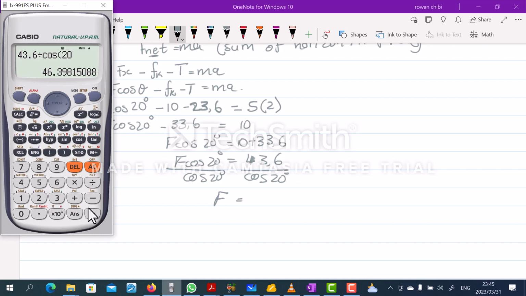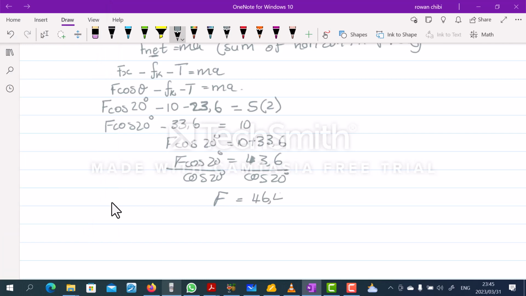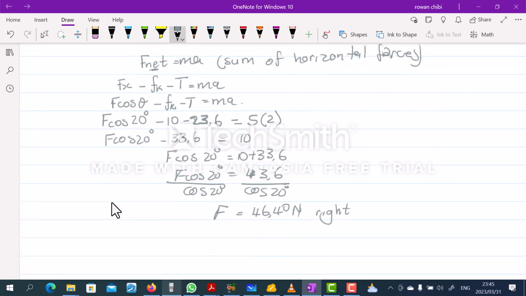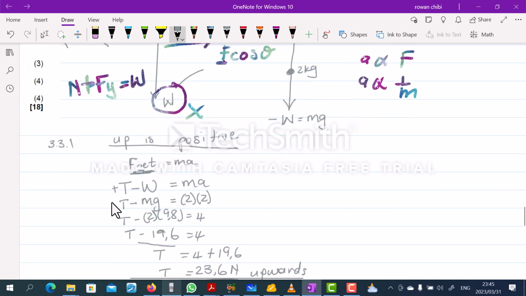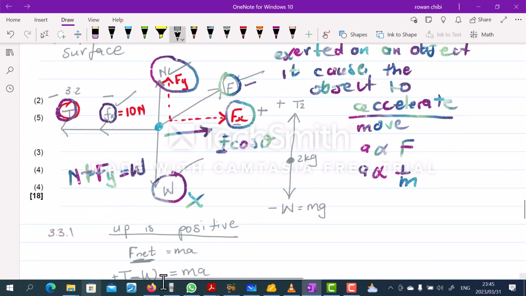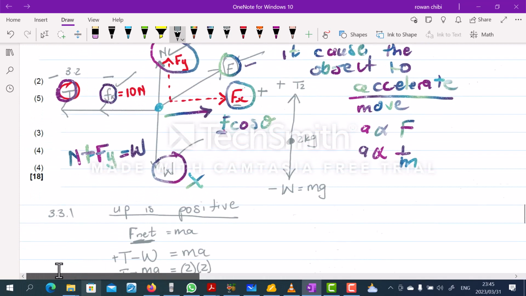So we get 46.40 newtons. Now this one is also moving to the right. So this is the magnitude of the force, 46.40. That is the magnitude of that diagonal force.